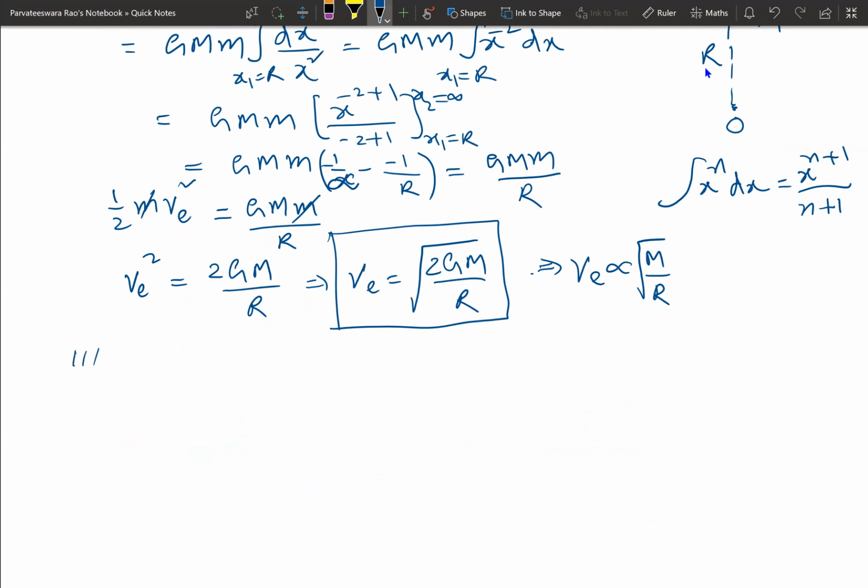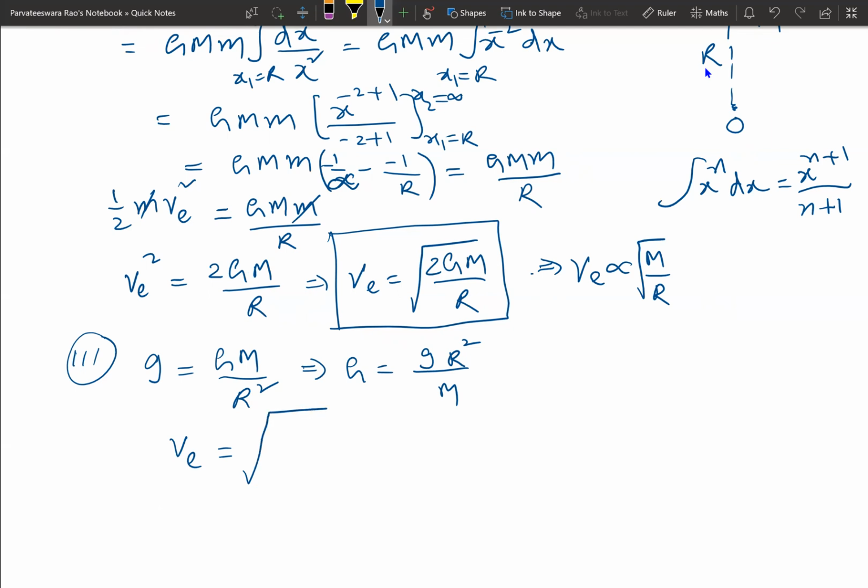Then, third one in this: small g is equal to GM by r square. So, capital G is equal to g r square by M. So, VE can be written as root of 2M by r into g r square by M. So M is cancelled, one r is cancelled.